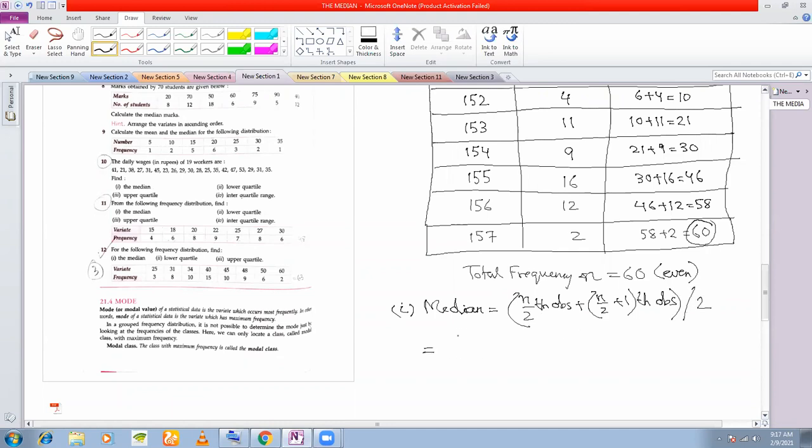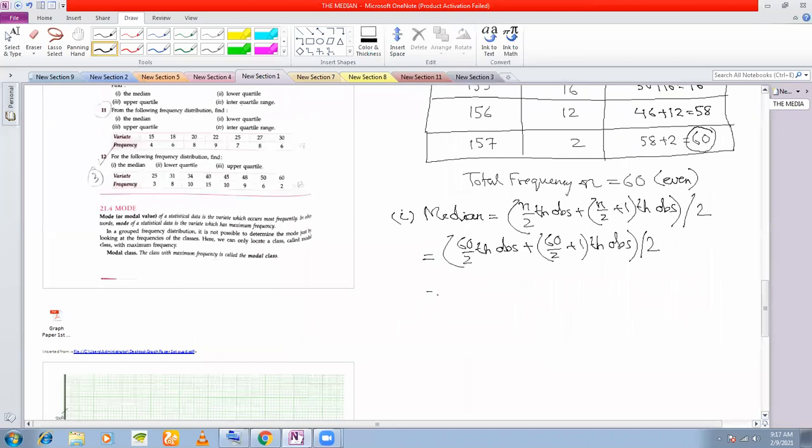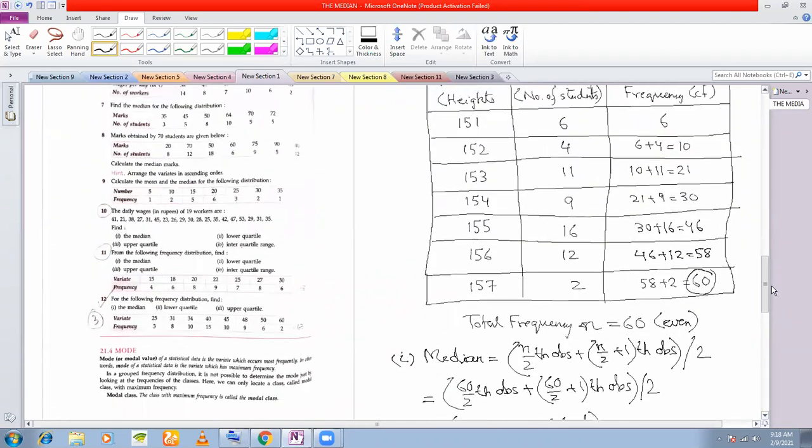I put the value here: 60 divided by 2th observation plus 60 by 2 plus 1th observation divided by 2, which is 30th observation plus 31st observation divided by 2.